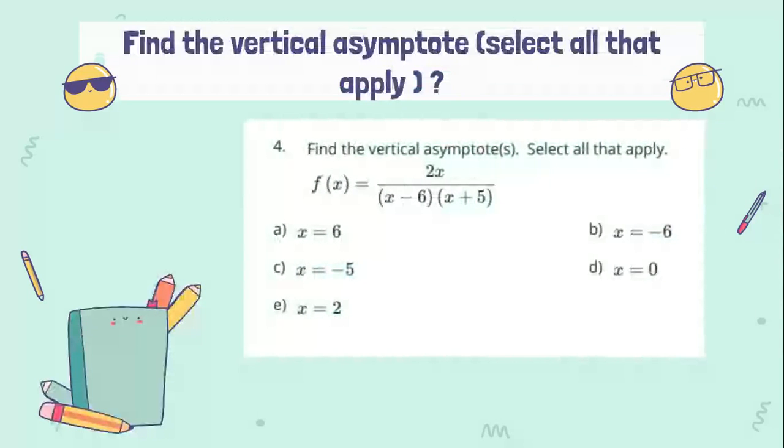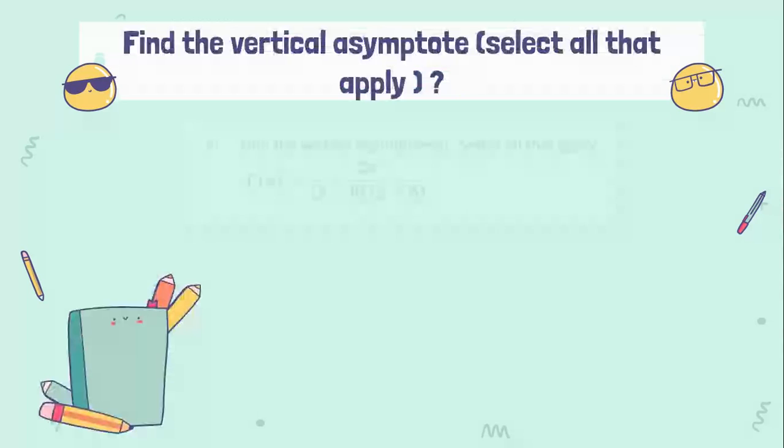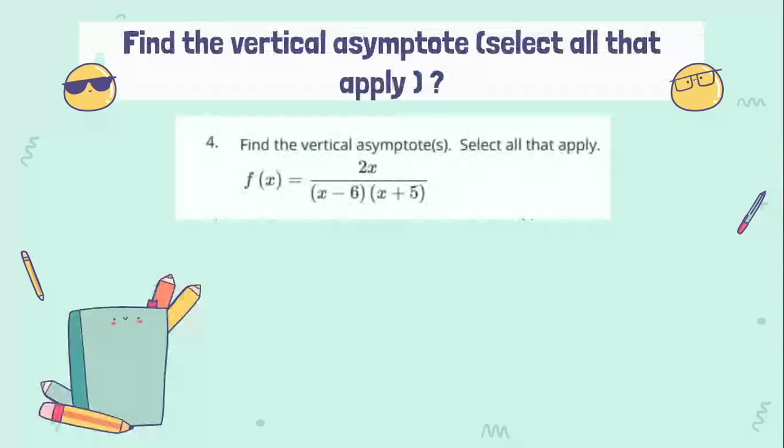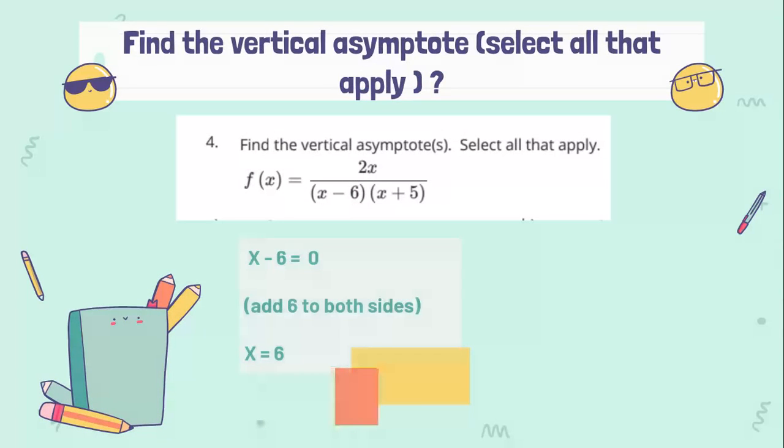Find the vertical asymptote, select all that apply. For this question, we need to find the vertical asymptote. But here we have two solutions, or two x values, so we need to solve for x. In order to solve for x, we set each bracket equal to 0. As you can see, in the first bracket I set it equal to 0.